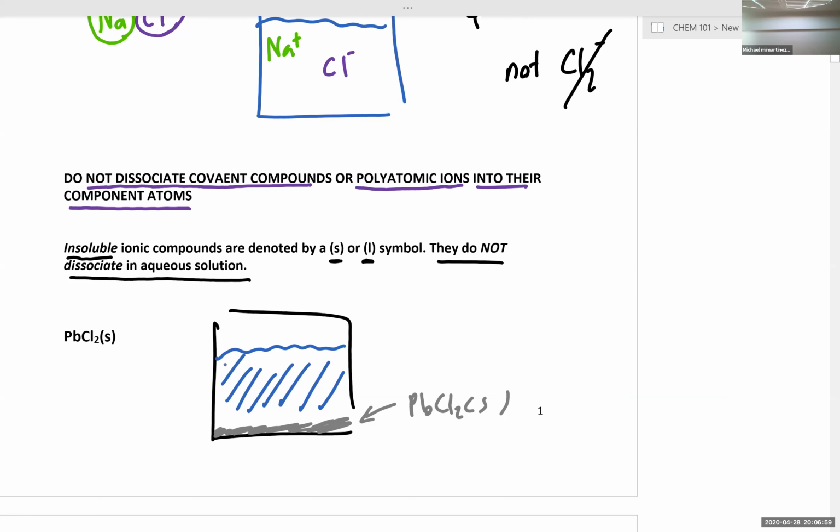The distinction between soluble versus insoluble. So if we look in solution, would you expect for us to observe a large or small amount of ions if we have an insoluble ionic compound? Small, exactly right.